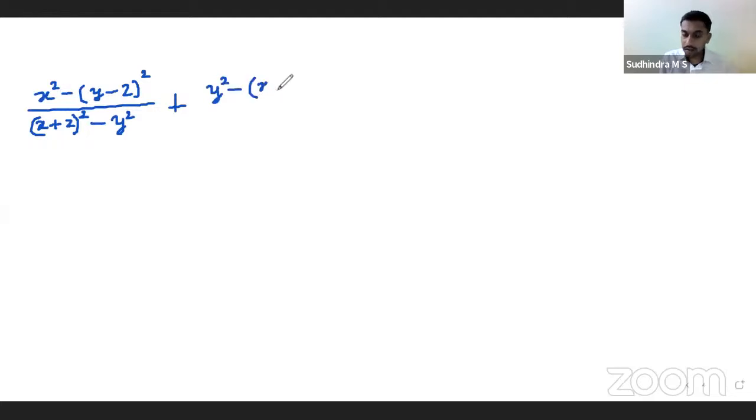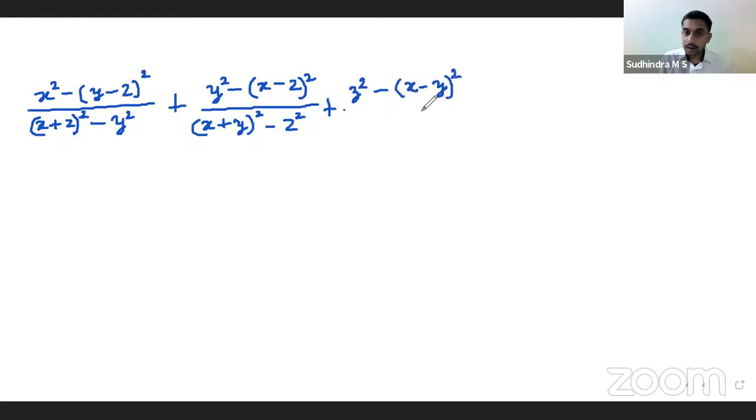The question is x square minus y minus z whole square divided by x plus z whole square minus y square, plus y square minus x minus z whole square divided by x plus y whole square minus z square, plus z square minus x minus y whole square divided by y plus z whole square minus x square.